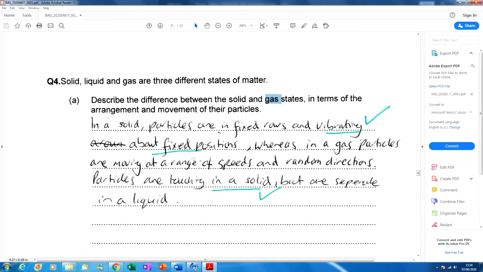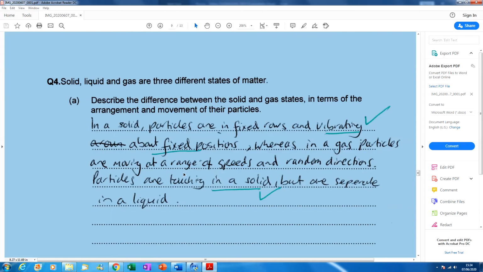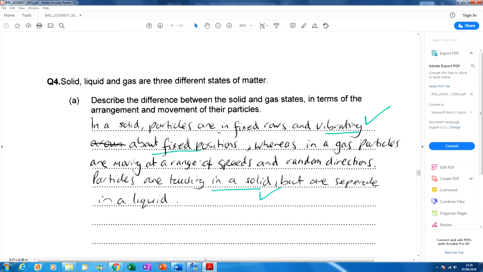That's definitely always vital when you're talking about the motion of particles in a gas. They're moving at a range of speeds and in random directions. So please take that on board. Just learn it. Particles in a gas are moving at a range of speeds and in random directions.